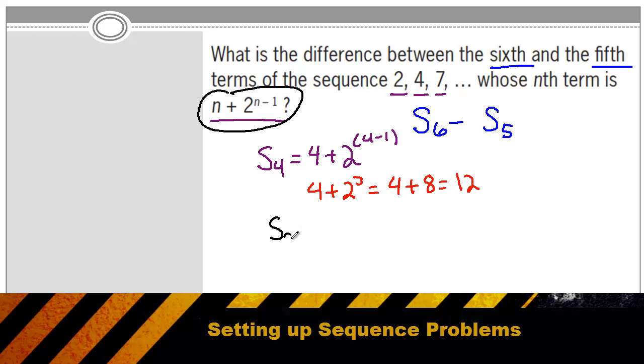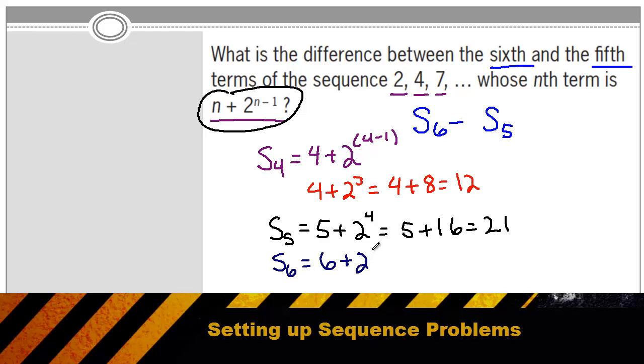So my fifth term is going to be equal to 5 plus 2 to the 5 minus 1, or just 2 to the fourth, or 5 plus 16, or just 21. And then I do the same process for my sixth term. So s sub 6 is going to be equal to 6 plus 2 to the fifth, which is equal to 6 plus 32, which is equal to 38.